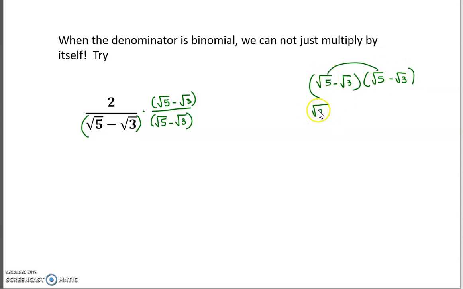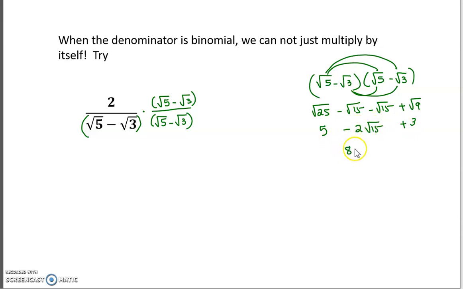So this will give you root 25. These will give you negative root 15. This gives you negative root 15. And then this gives you plus root 9. So this gives me a 5, this gives me a 3. That's good. However, in the middle, we still end up with 2 root 15.